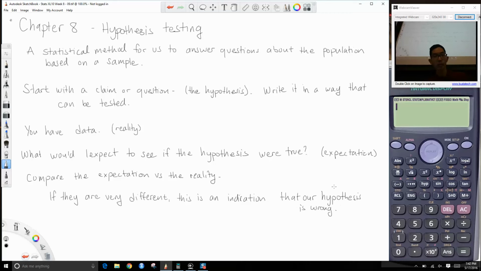And if they are not very different, so if the expectation and reality are similar, then the hypothesis could be true.